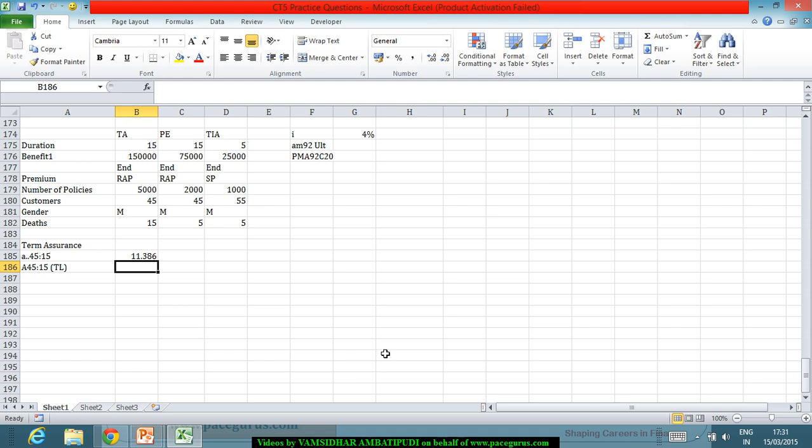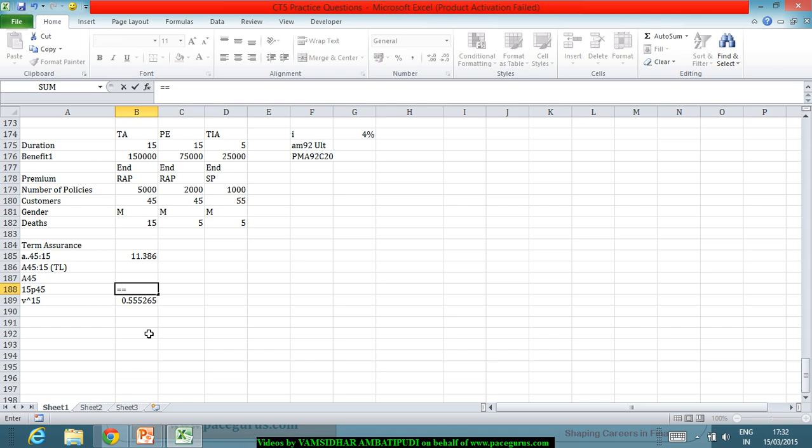And A 45:15, that too for a term life, I may have to find out as A 45, then 15p45, and along with that V power 15. So V power 15 is 1 by 1.04 to the power 15, which we got. 15p45, I'll compute it as L60 by L45.